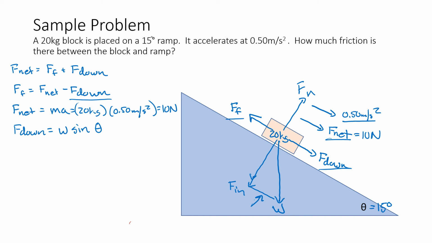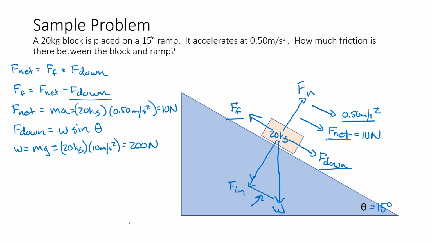One thing we need to know before we do that, though, is what is our weight? Remember, we were given a mass, we weren't given a weight. So to get a weight, we're going to do m times g, or 20 kilograms times 10 meters per second squared, or 200 newtons is our weight.